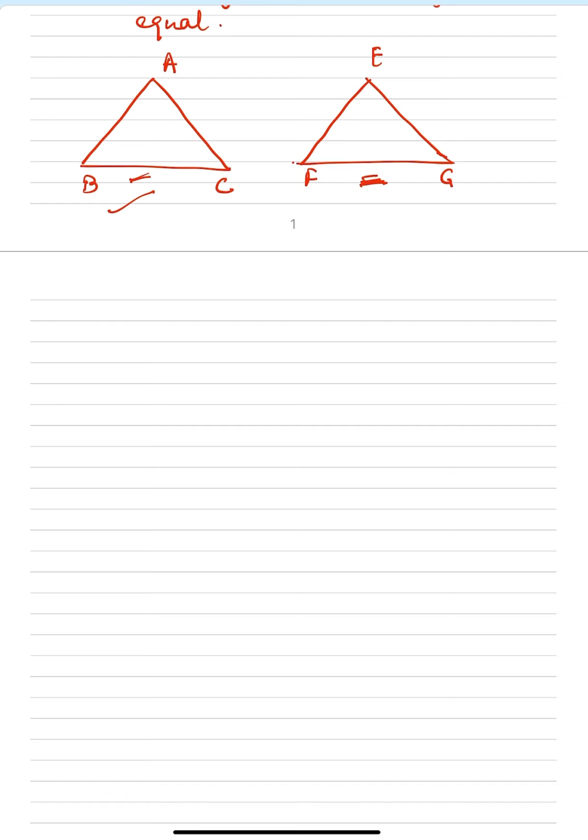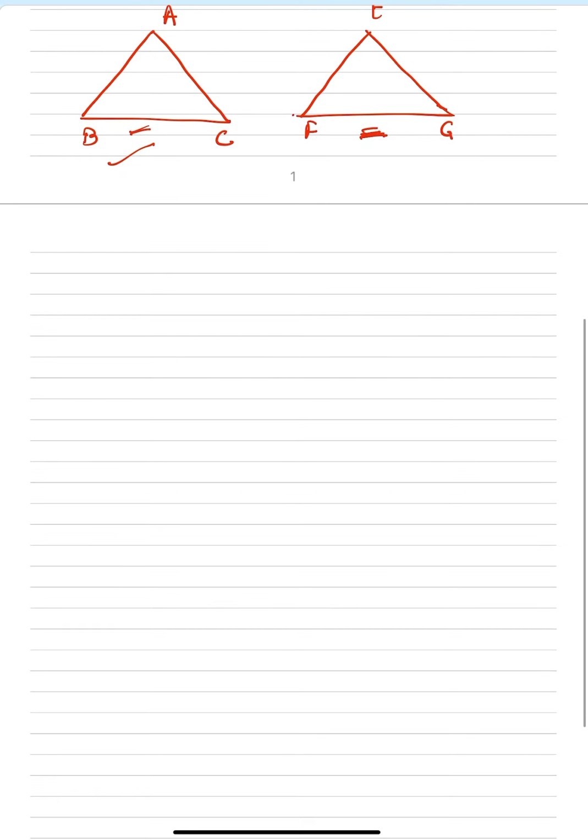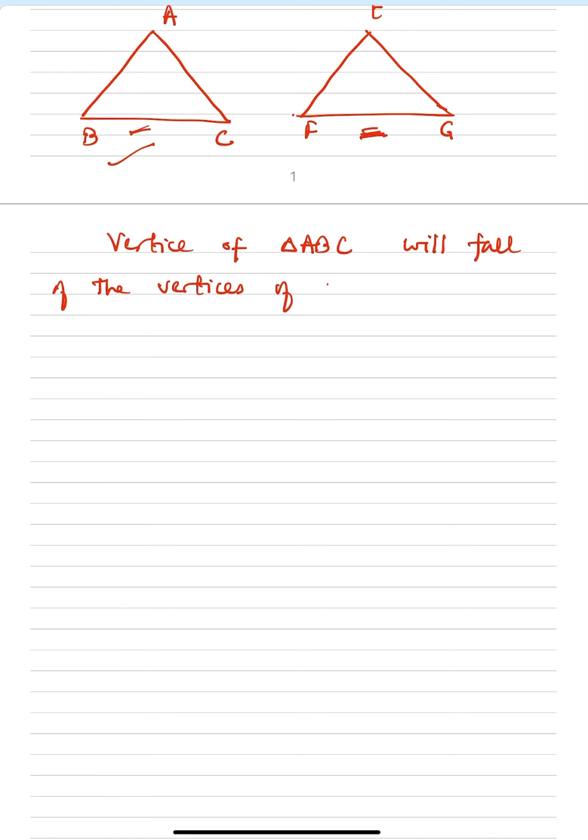Exactly how? That superimposition should be in such a manner that the vertices of triangle ABC will fall on the vertices of triangle EFG in the same order.